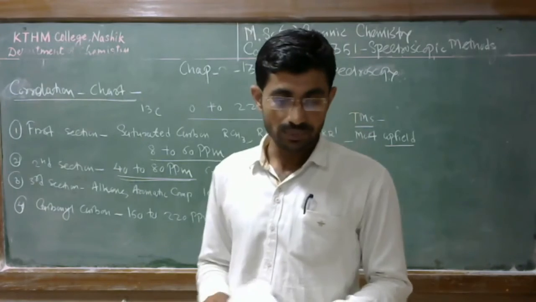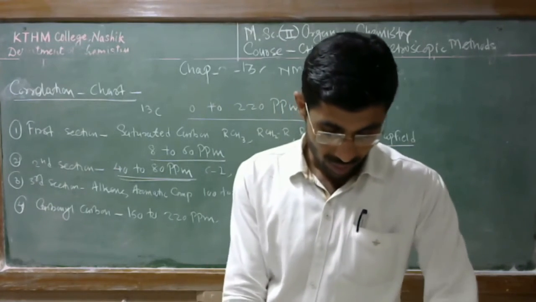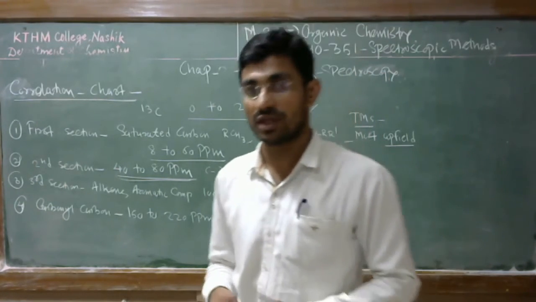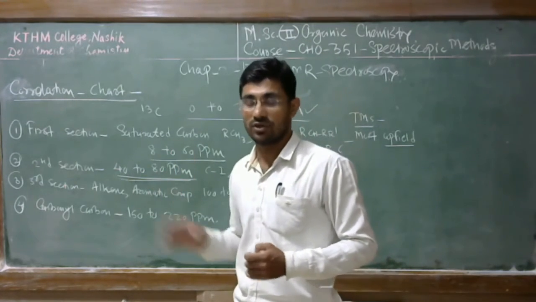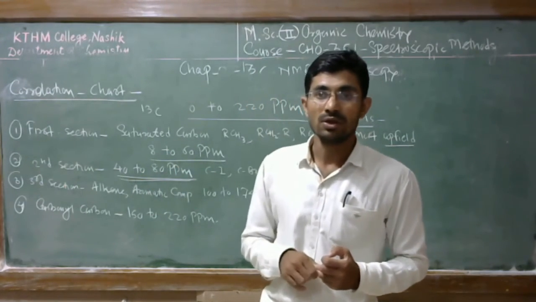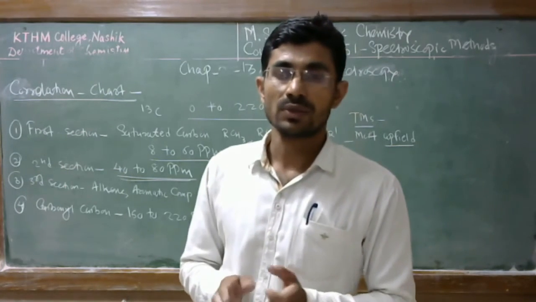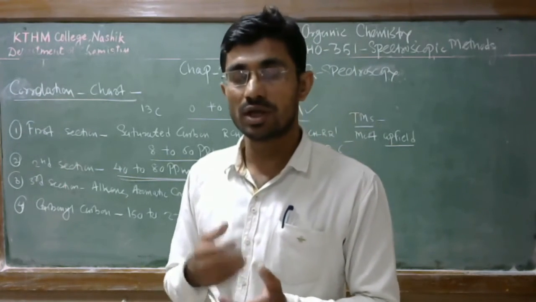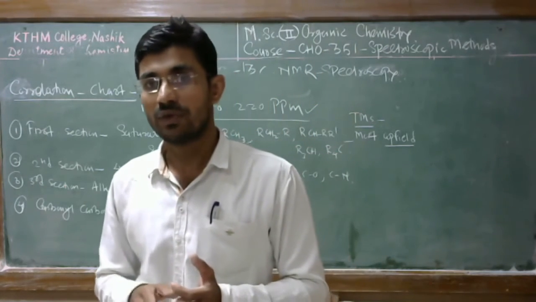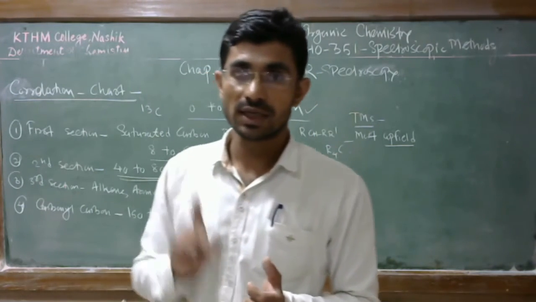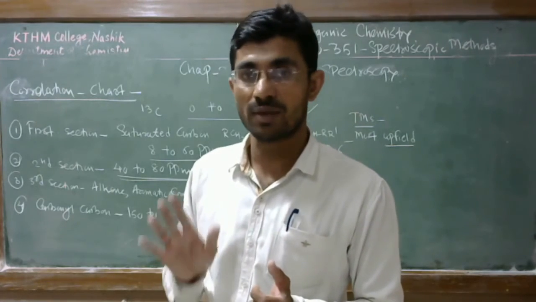So this is about the correlation chart. This correlation chart we can divide into four sections: the first, second, third and fourth. When you consider this correlation chart, we can observe three types of effects on chemical shift value.